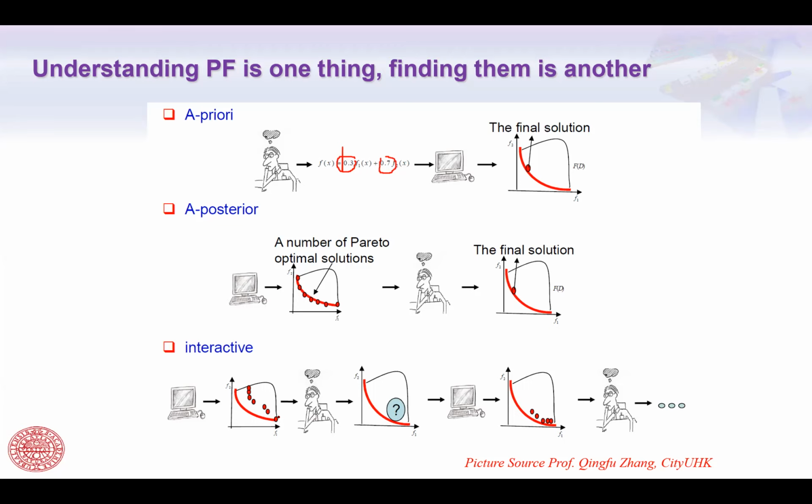Interactive means that you first run some optimization, and then after the decision maker has seen some of the solutions, he or she can pick a certain region using some graphical visualization or mathematical method. That's why we call it interactive, in order to guide the optimization towards an area that is closer to the preference area of the decision maker.